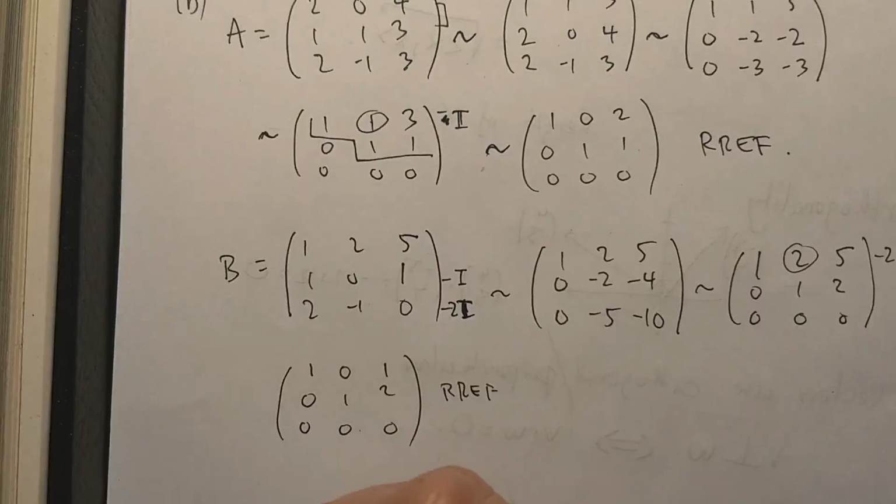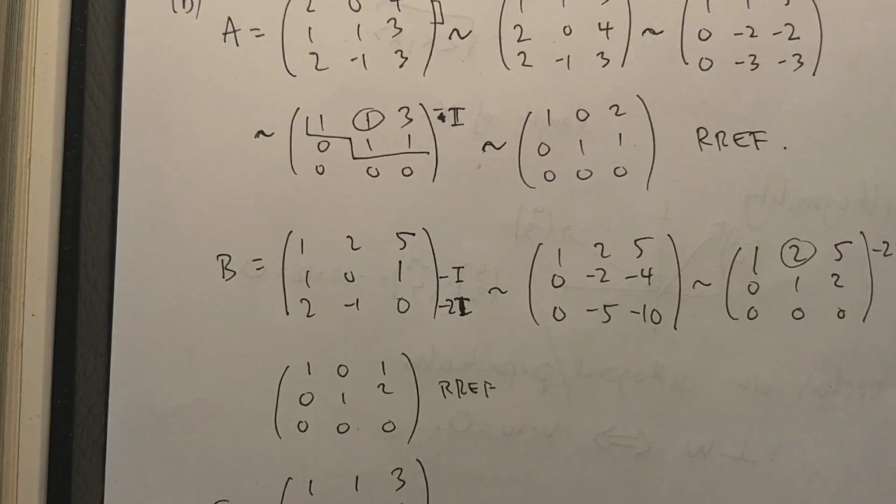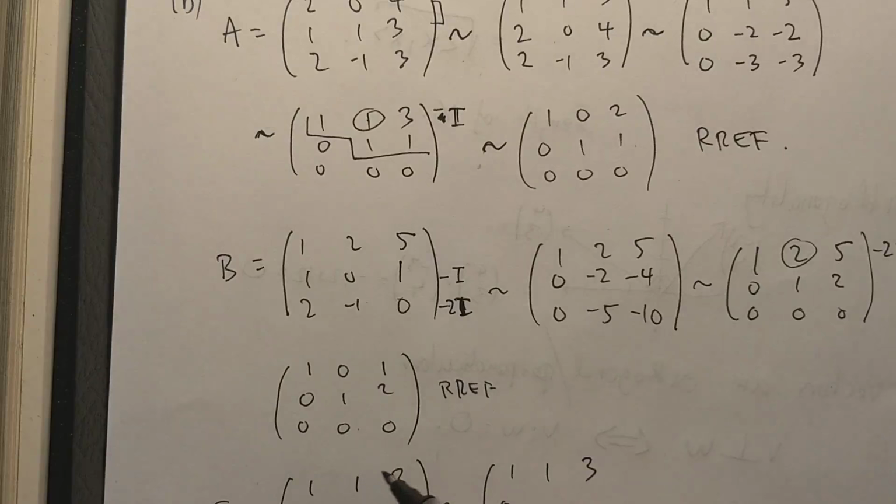Well, we have to do this for C and D also. So C is 1, 1, 3, 1, minus 1, 1, minus 1, 1, minus 1. So this is equivalent to 1, 1, 3. Let's subtract the first row from the second: 1 minus 1 is 0, minus 1 minus 1 is minus 2, 1 minus 3 is minus 2.